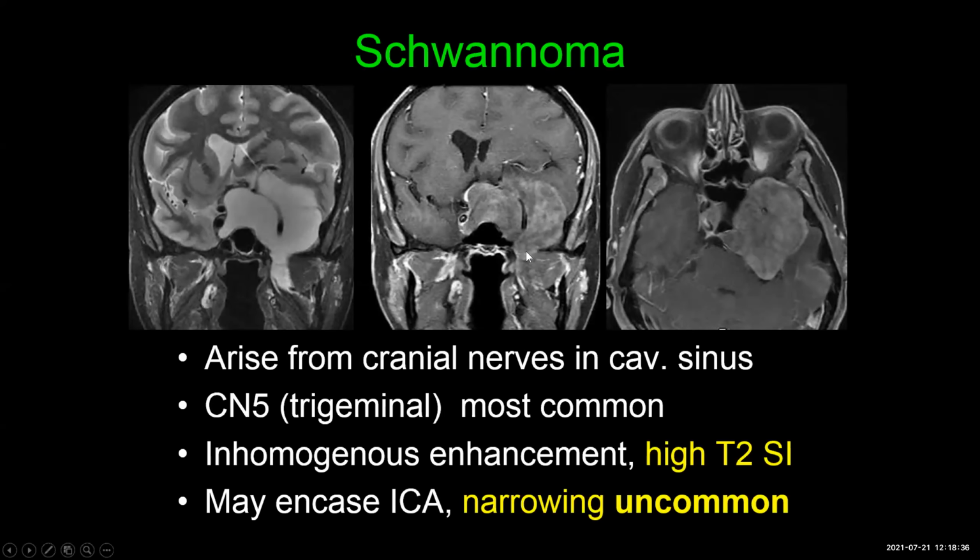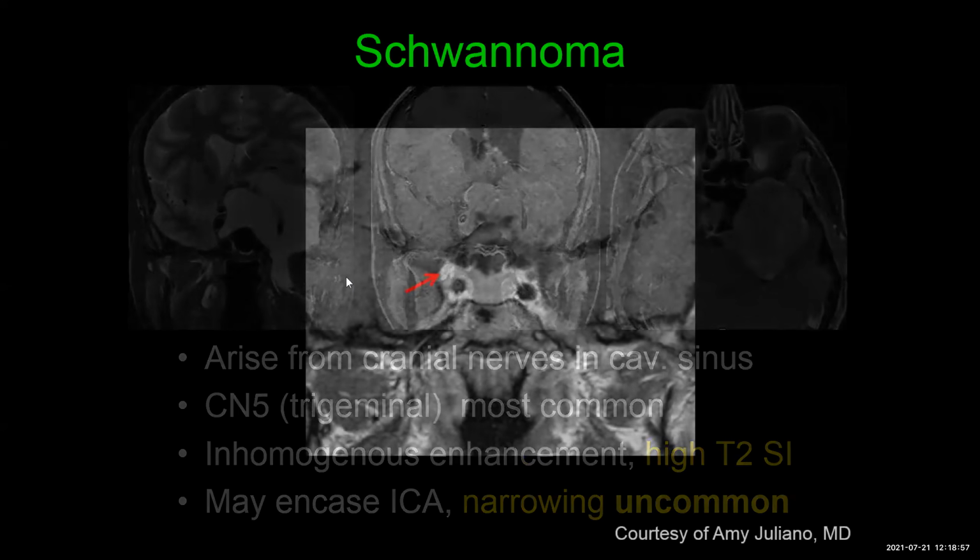This is a very massive schwannoma of one of the cranial nerves, typically from the trigeminal nerve, living in the cavernous sinus and growing into the sella turcica, as well as growing through foramen ovale into the space below the skull base.